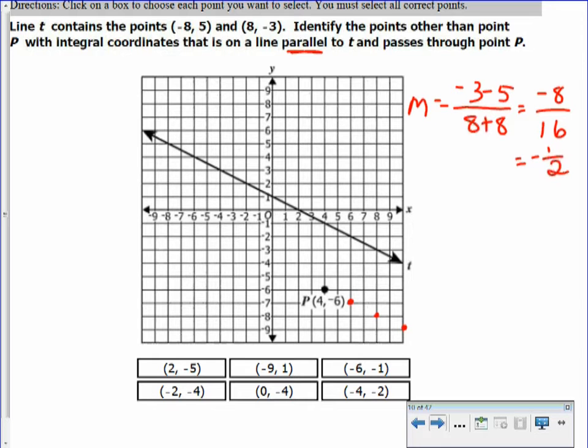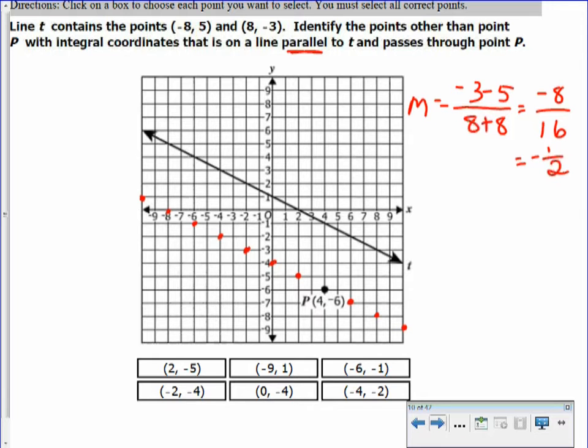So we can start here at -6, and we can go up 1 and left 2, and up 1 and left 2, and up 1 and left 2, up 1, left 2, up 1, left 2. How beautiful is that? So those are all the possible points that happen on a grid mark that could be on our line.